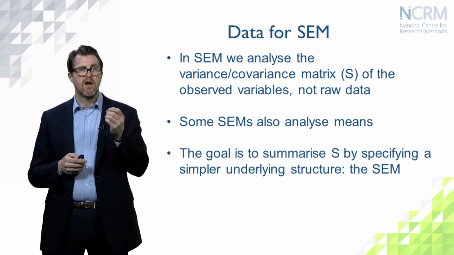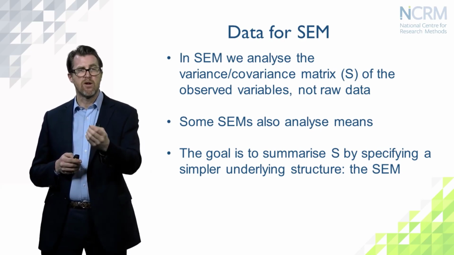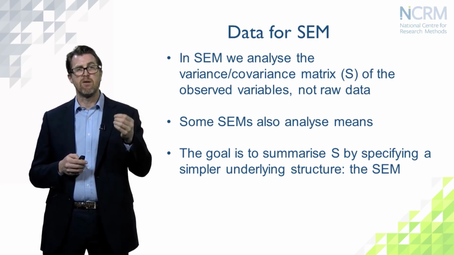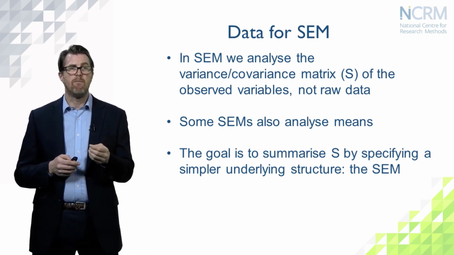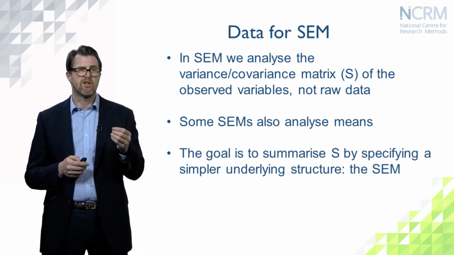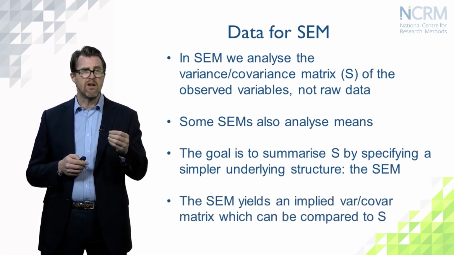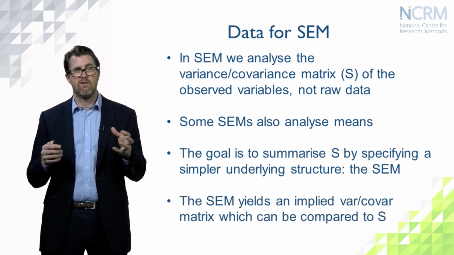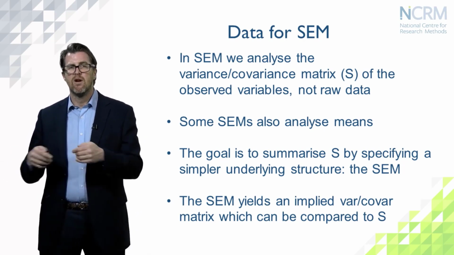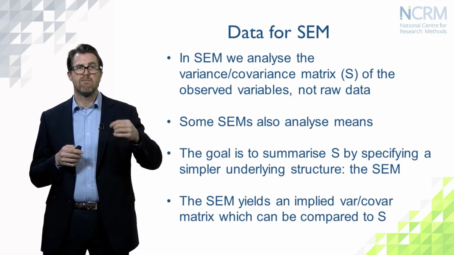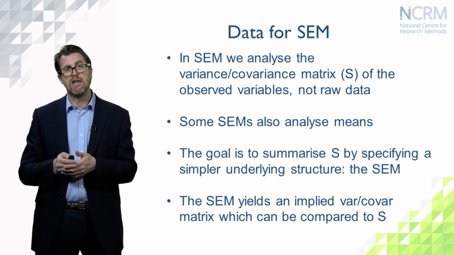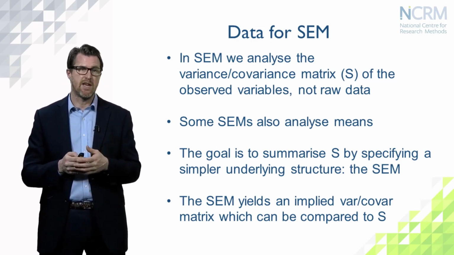So we're going to specify a model which is in some ways simpler than simply reproducing S. And our model, our SEM, the simpler underlying structure, will yield an implied variance-covariance matrix. What I mean there is that if our model is true, then the variance-covariance matrix that we observe should look like this. It should have these numbers in each of the cells.